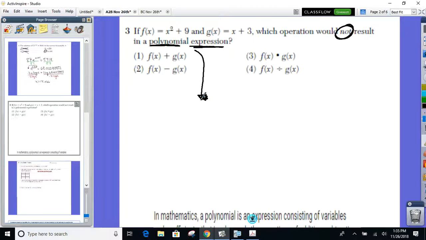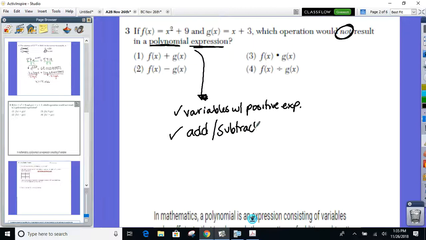First thing, it's variables with positive exponents. And here's the key, here's what's going to answer this question for you. Those variables, you can only add, subtract, or multiply them.